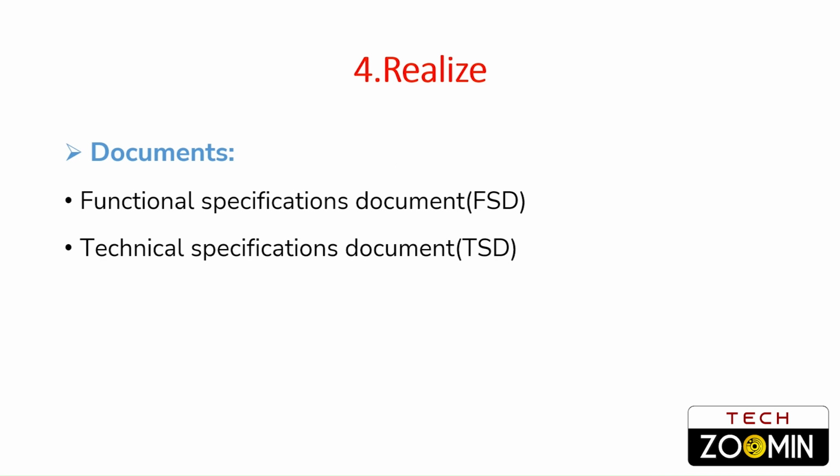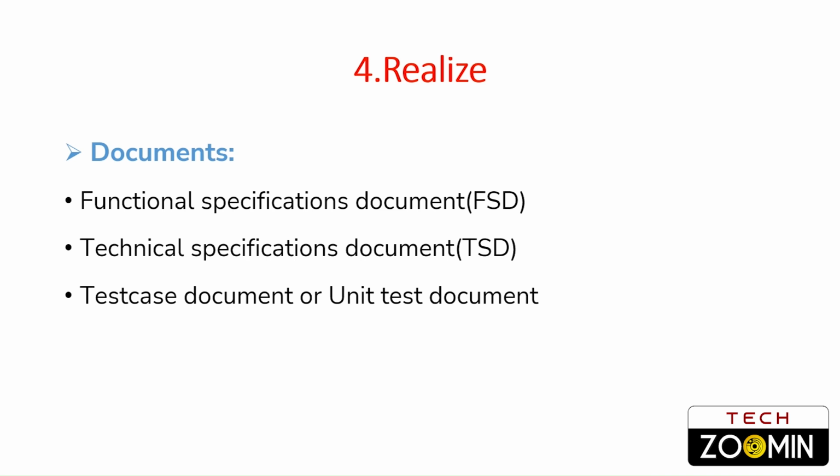This is prepared by the technical consultant, which consists of the code development as per the functional consultant's instructions based on the client requirement. The third one is the test case document or unit test document. This document consists of what to test, how to test, expected result, actual result, testing document numbers and status.